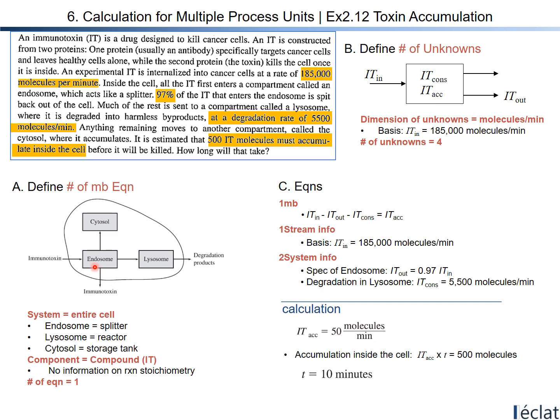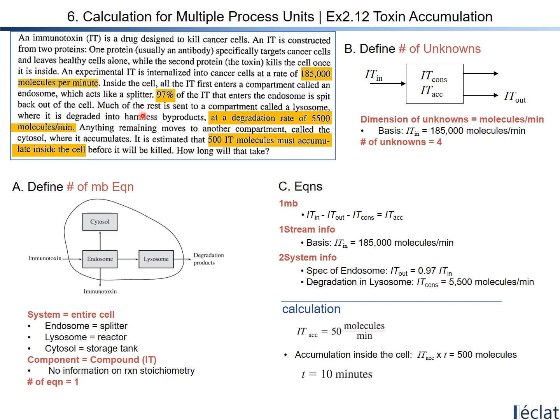So I have said about the endosome in this problem statement. 97% of the IT that enters the endosome is spit back out of the cell. And the amount of this immunotoxin is 97% of the introduction. So this value is about the system performance specification.